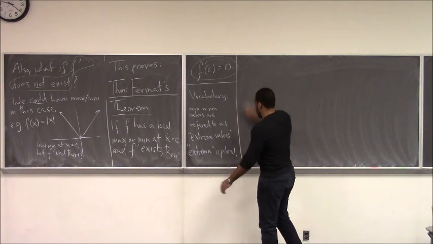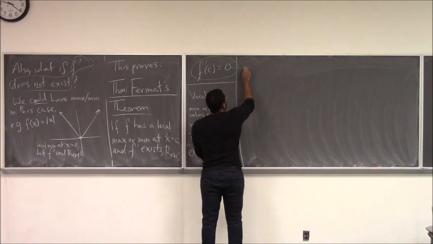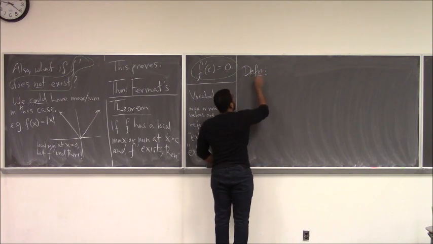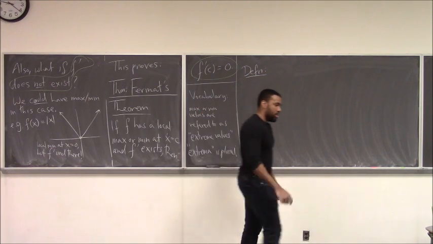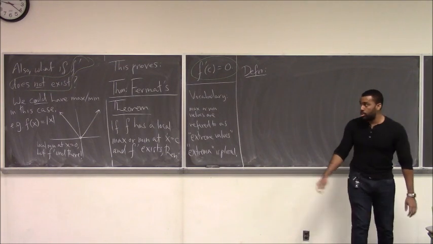And because these points are important, we will give them a name, a definition. Points that have either of these properties, we call them critical points.